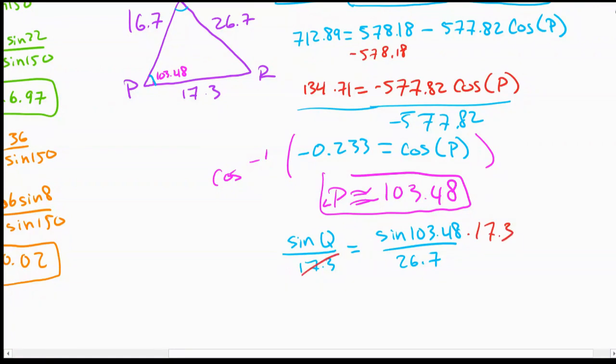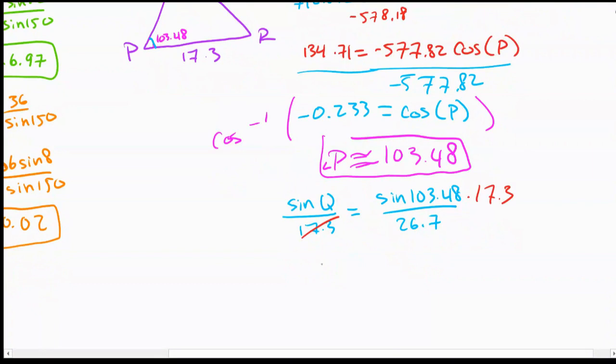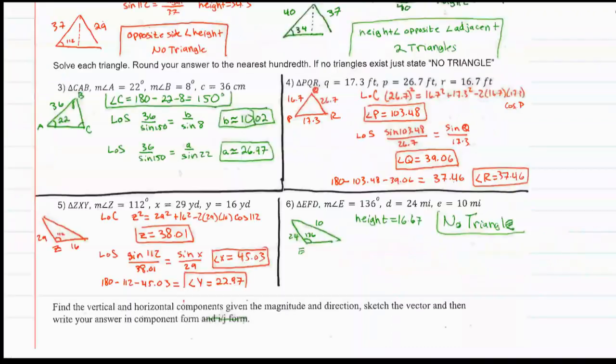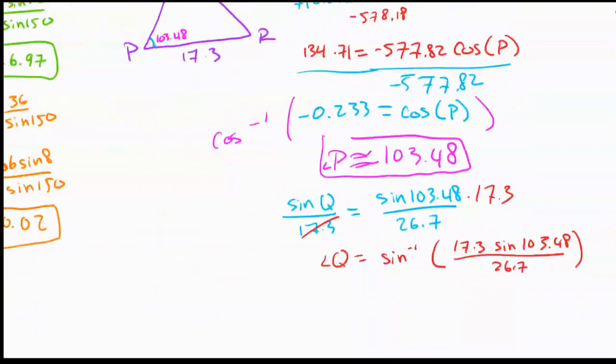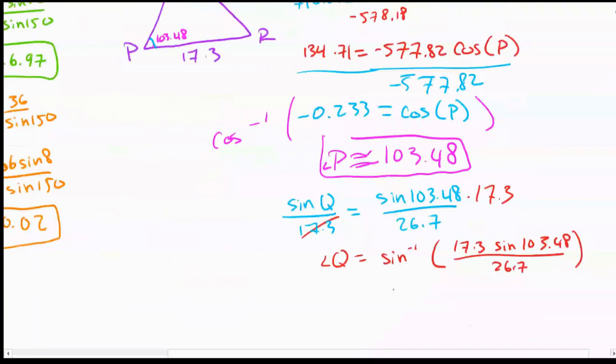And then I'll take the inverse sine of that. So really angle Q here is going to be the inverse sine of 17.3 times sine of 103.48 all over 26.7. And so what I end up getting for Q is about 39.06, it looks like, for angle Q.